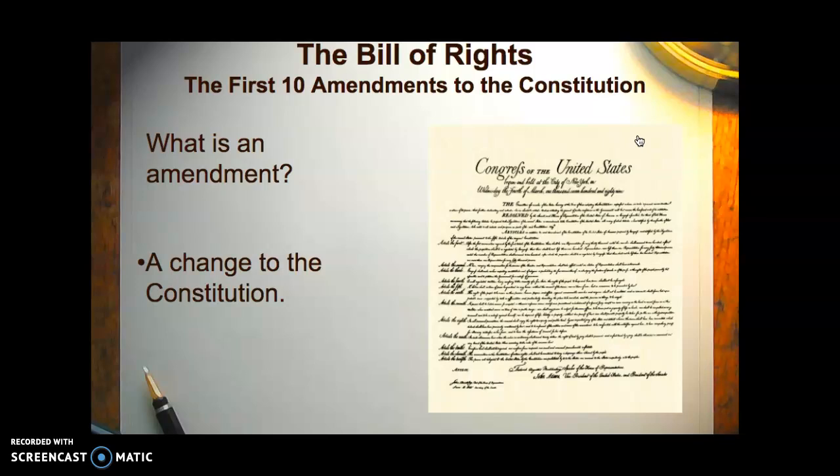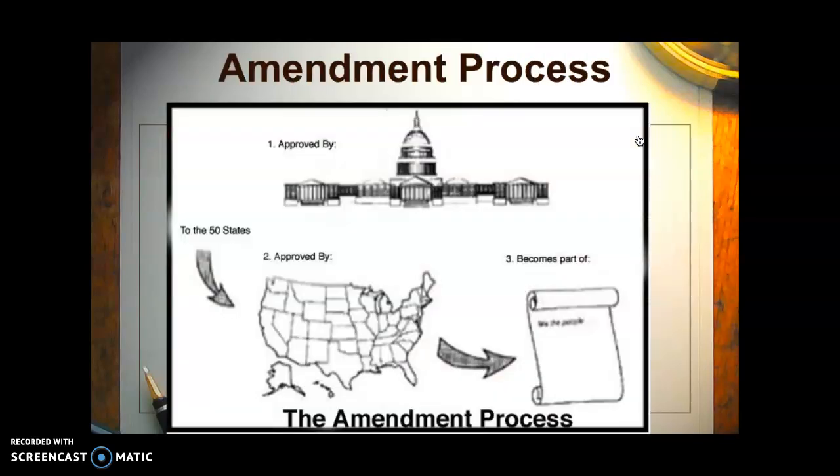So if we don't say that you have freedom of speech, and it isn't specifically stated in the Constitution or in an amendment, then the government can pretend it didn't know you had freedom of speech. And so the Anti-Federalists said they simply were not going to sign the Constitution unless these Bill of Rights, these changes, were added. And that's what we're going to look at right now, really simply the amendment process.